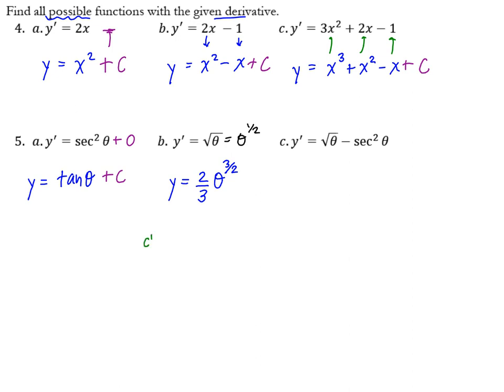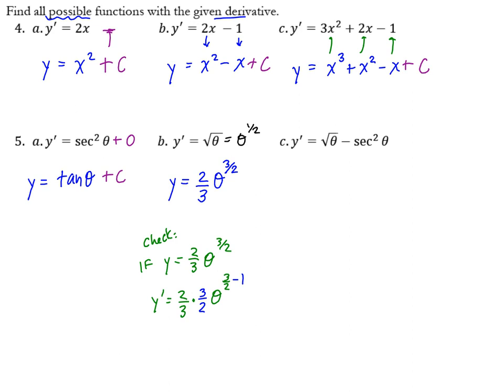And we could check with the derivative. If y is 2/3 theta to the 3/2, what is y prime? That would be 2/3 times, the derivative means bring the power down, 3/2, theta to the 3/2, and then because we're differentiating, take away 1.